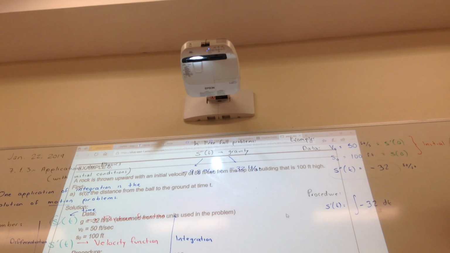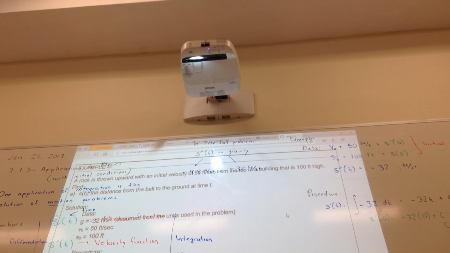The integral of that. So the solution is going to be minus 32t plus c. Can you get the value of c? Yes, from here. s prime of 0: minus 32 times 0 plus c equal to 50.